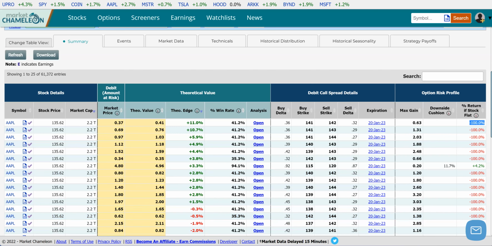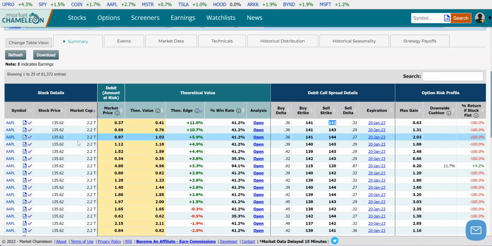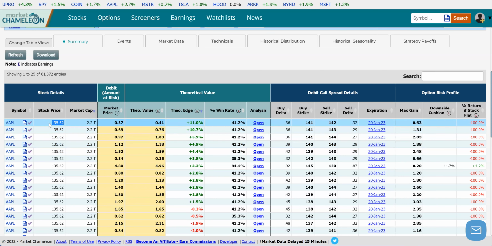Obviously, Apple right now is $135.62. So if you buy a call spread that is the 141, 142 strike, that means the stock has to go above 142 for you to realize your max gain. So this has a ways to go.